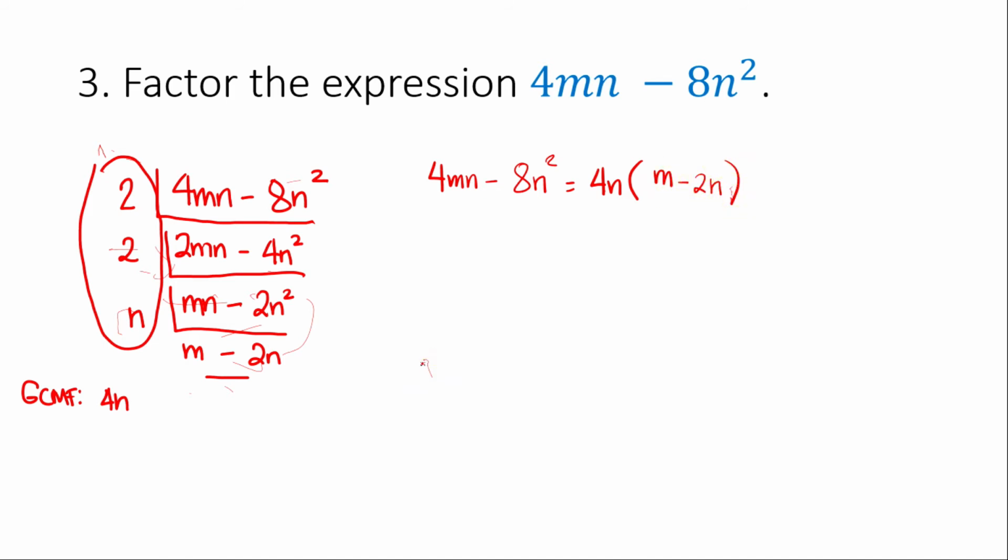Okay? Check natin. 4n times m minus 2n. 4n times m is 4mn. 4n times 2n is 8n squared minus 8n squared. Na parehas lang nung ating given, which means the factored form is correct.